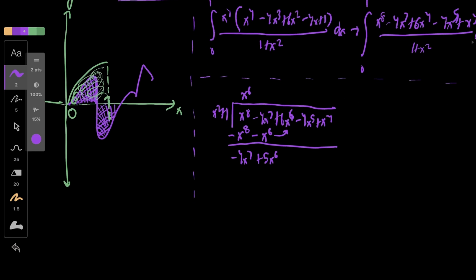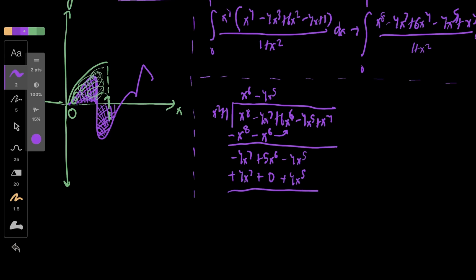Negative 4x to the 7th plus negative 4x to the 7th becomes negative 4x to the 5th. Now we'll bring down this extra term because we need it, but we'll remember not to bring down any more. So minus 0 minus 4x to the 5th, and then we just flip the signs.